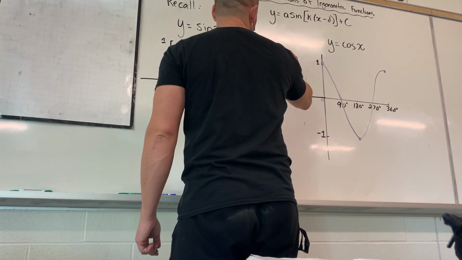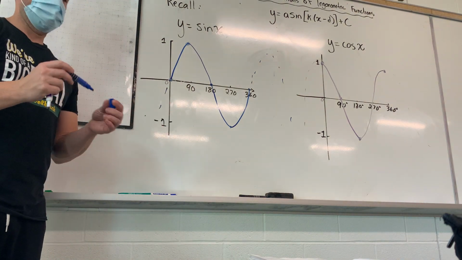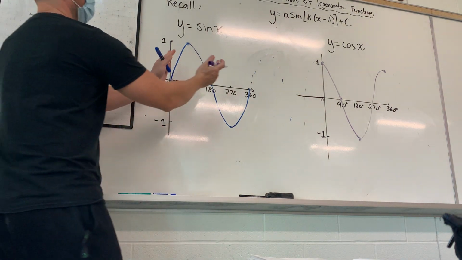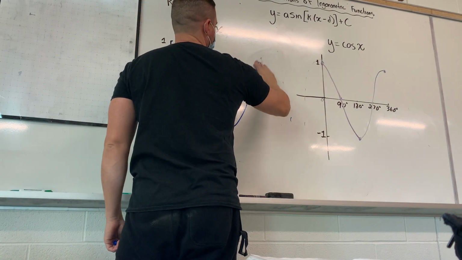If you were to continue it, you can see that they're the same. One's just shifted 90 degrees to the left. If you just shifted the sine over 90 degrees, you would have cosine.